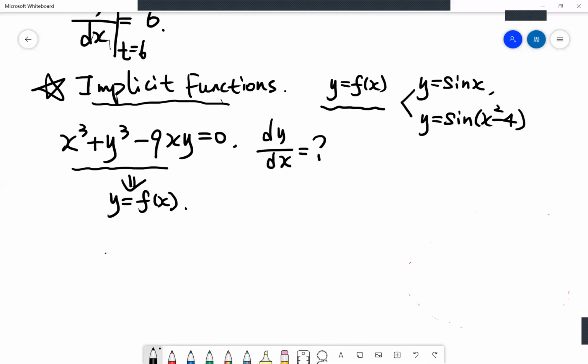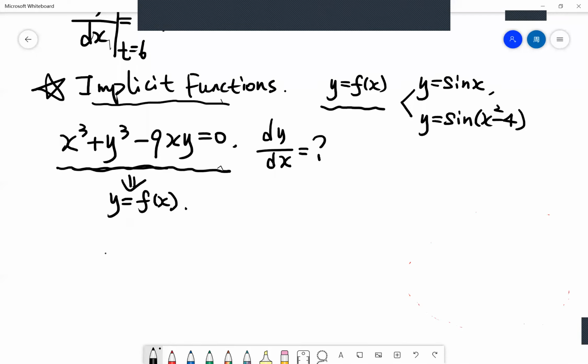To find dy by dx here, we just do one thing: differentiate the function on both sides, and then try to find it.